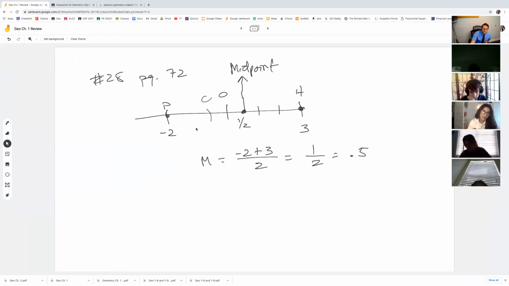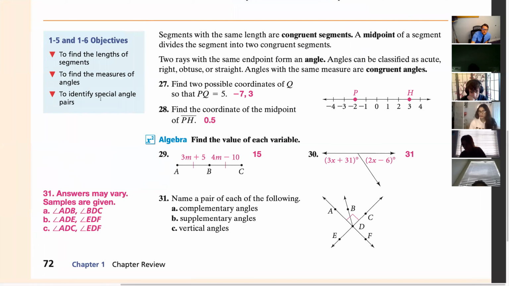All right, so the midpoint is the sum of the two divided by 2. So negative 2 plus 3 divided by 2 gives you 1/2. Okay, don't forget the midpoint formula.